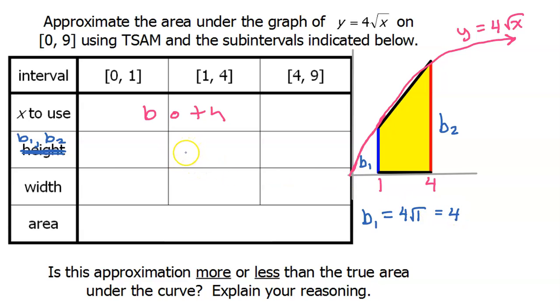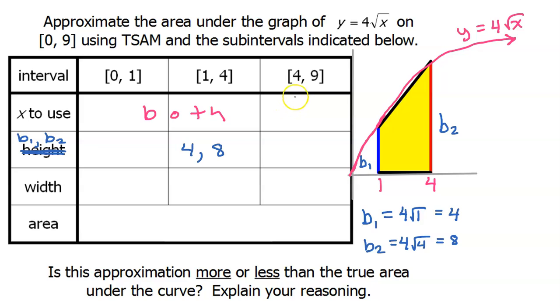So for this interval, base 1 is 4. What about base 2? Well, base 2 is going to be the value of the function at 4. Okay? Because base 2 is touching the curve. So it's going to be 4 radical 4. That's 4 times 2. That's 8. So base 2 is 8.